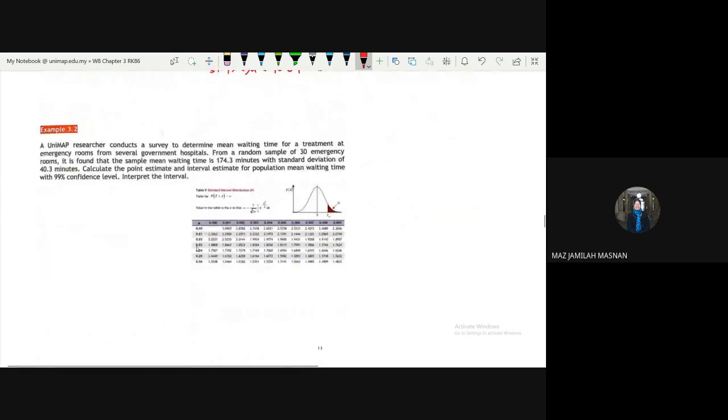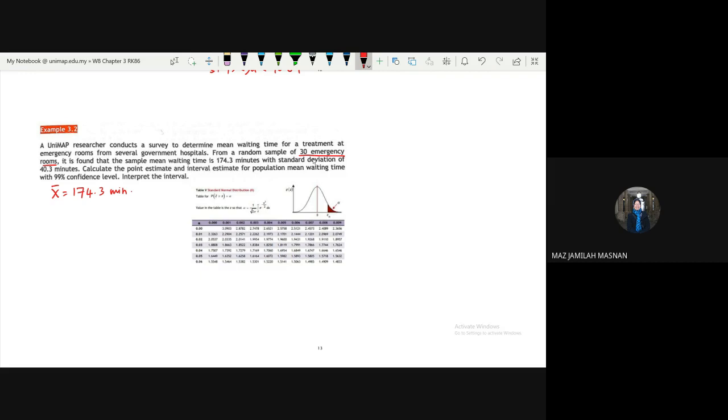What about example 3.2? A researcher conducts a survey to determine the mean waiting time for treatment at the emergency room of several government hospitals. So you are talking about mean waiting time in the emergency room for different government hospitals. From a random sample of 30 emergency rooms, it is found that the sample mean waiting time is 174.3 minutes.